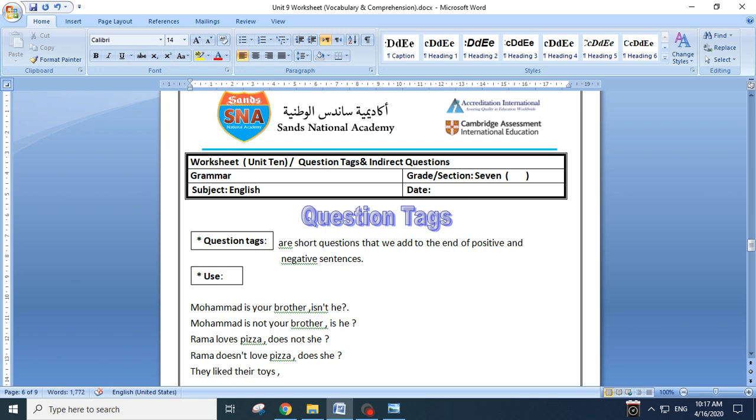So in past, we use did as the tag question. Look at the statement. Is it negative or positive? The statement is positive, so we have to use a negative tag question. So did not, didn't. The subject here is they. Didn't they?